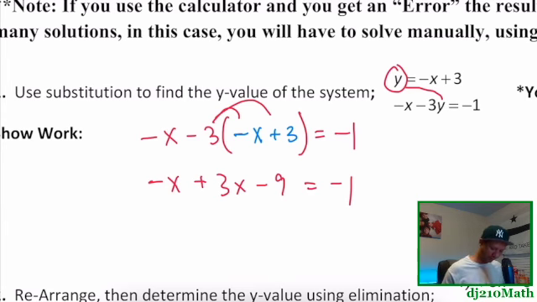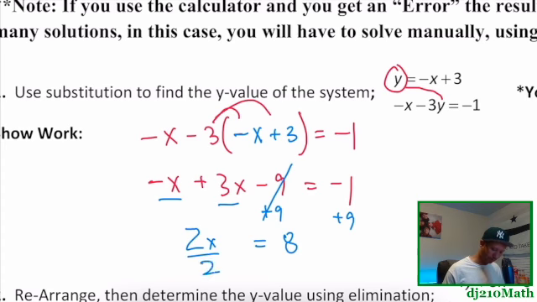Negative x and 3x make positive 2x. I'm going to add 9 to both sides. So that cancels, and negative 1 plus 9 is 8.